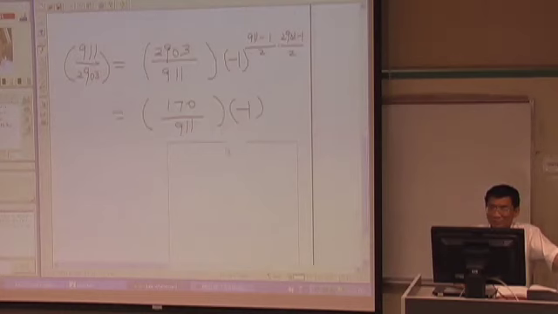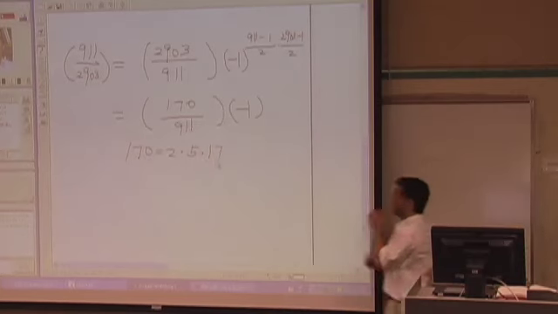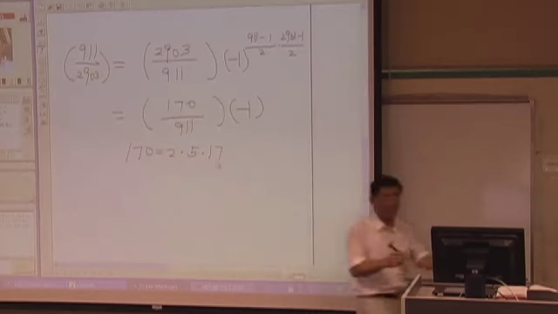So take a look. 170 is equal to 2 multiplied by 85, right? And 85 is 5 multiplied by 17. So we broke this up.